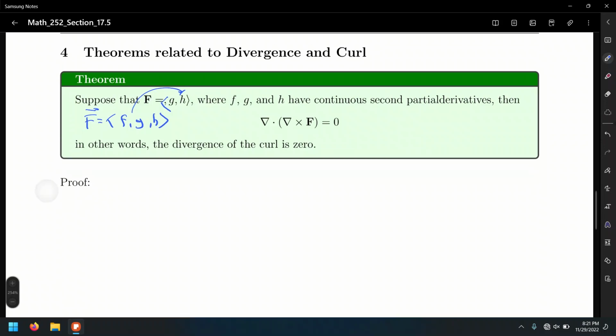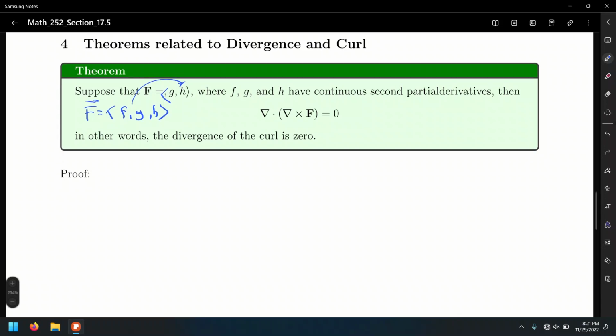Anyway, so here is the thing. When we have a vector field F, and we have this nabla operator to perform the cross product, and then we do the dot product with the nabla operator again, well, we're going to get zero.